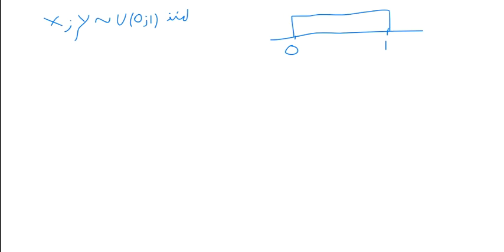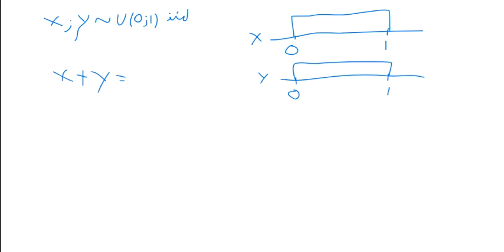Now, if you have two of these, let's say this is x, this is y, and then you sum them to get x plus y equals w, then w will look something like this.